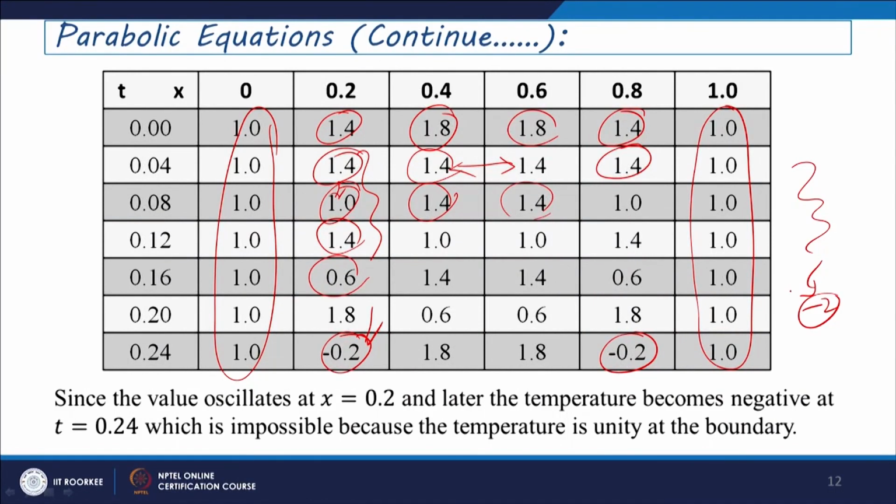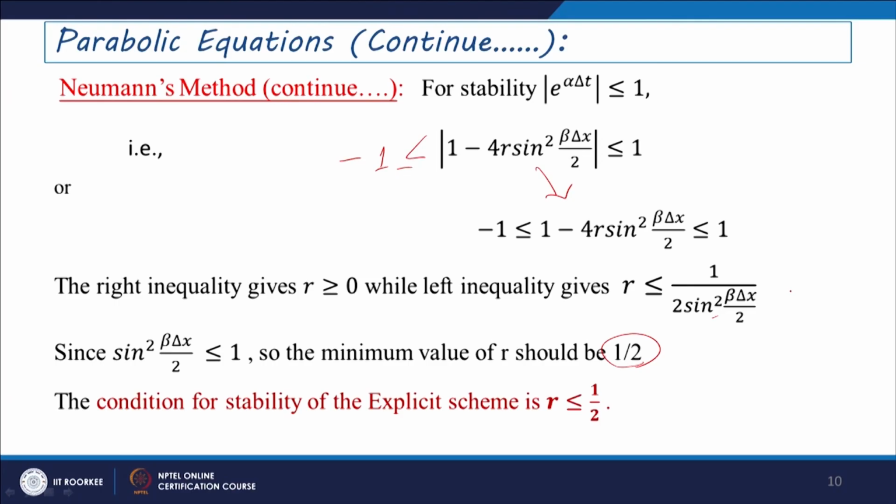So, that is why we have the statement that the value oscillates at x equals 0.2 and later the temperature becomes negative at t equals 0.24, which is impossible because the temperature is unity along the boundary here. If you see our condition here also, this means that we are neglecting one of this inequality in the first half.